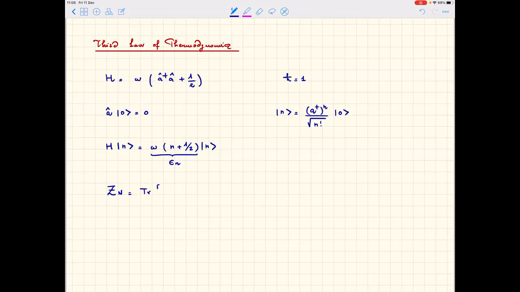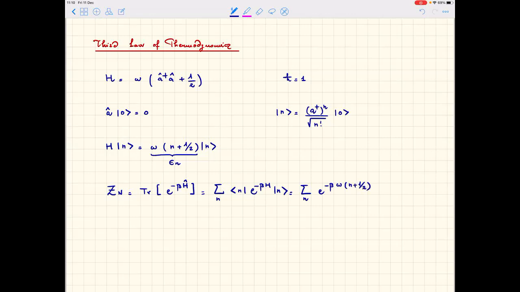This is equal to the trace of e to the minus beta H. And this can be written as the sum over n of e to the minus beta H_n. And it's straightforwardly equal to the sum over n of e to the minus beta omega (n plus 1/2).